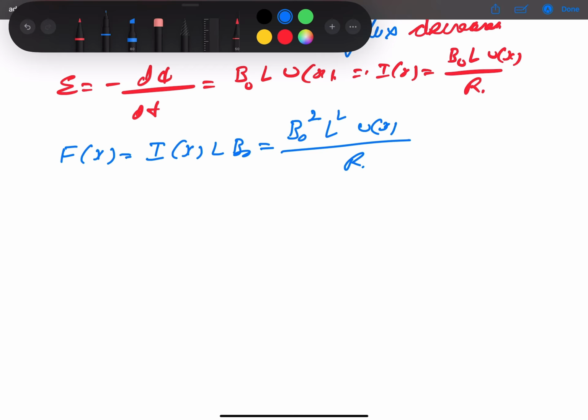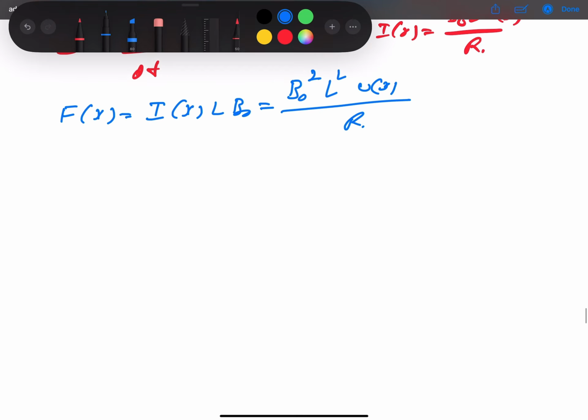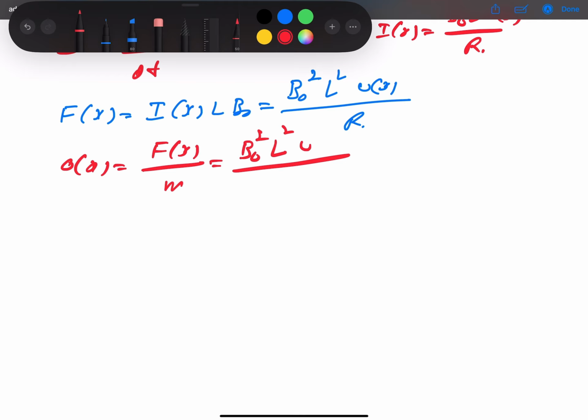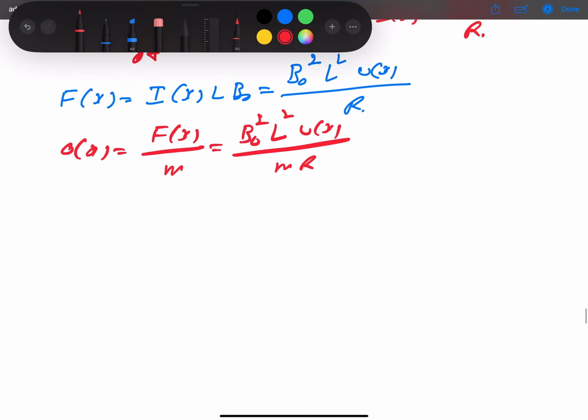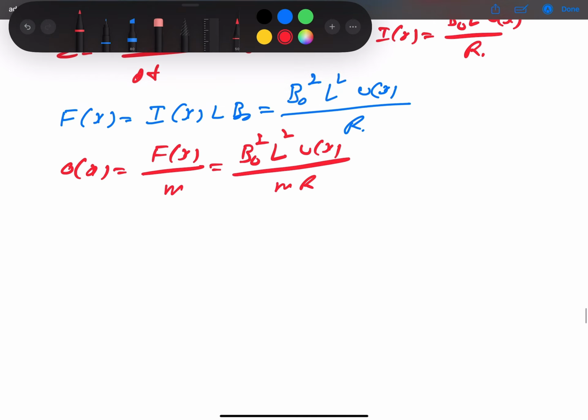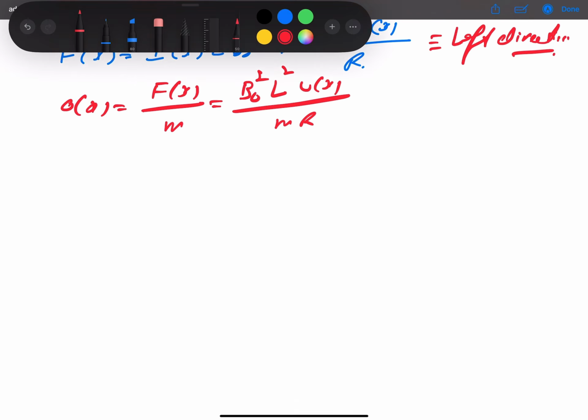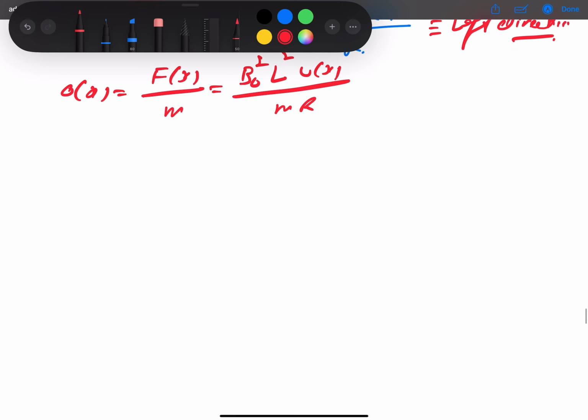Now once again we can find the acceleration. So our acceleration A of X will be equal to F of X divided by mass. So this gives us B naught square L square V of X divided by mR. And this force will now be in the left direction. And we can further solve it.